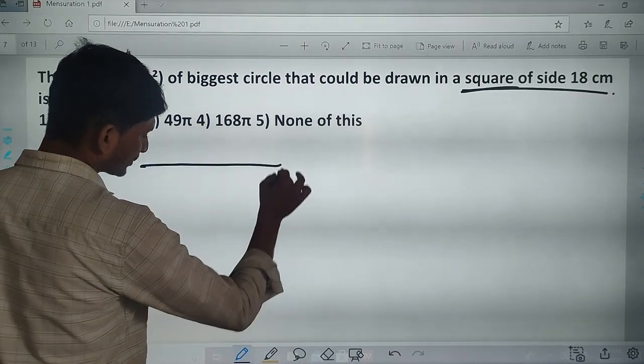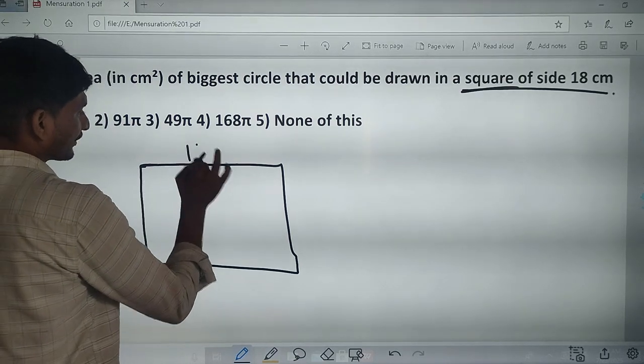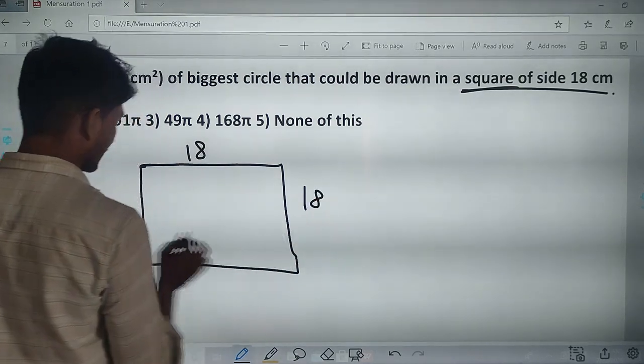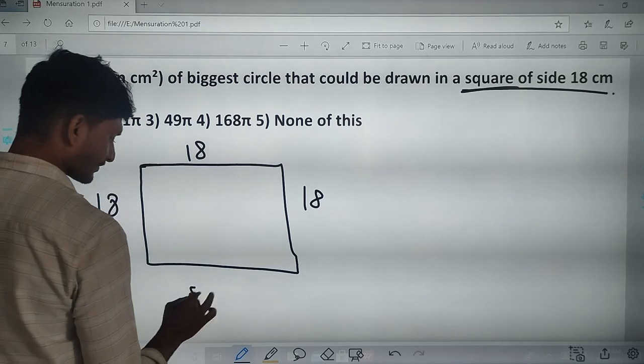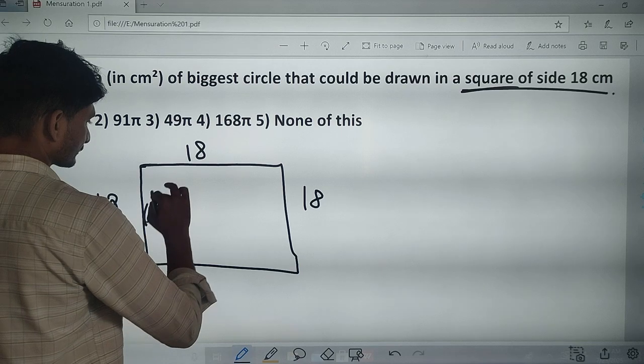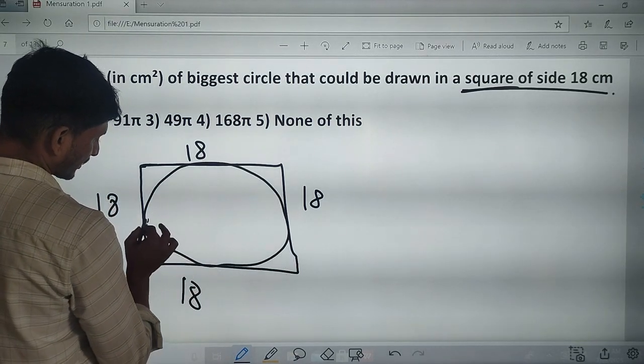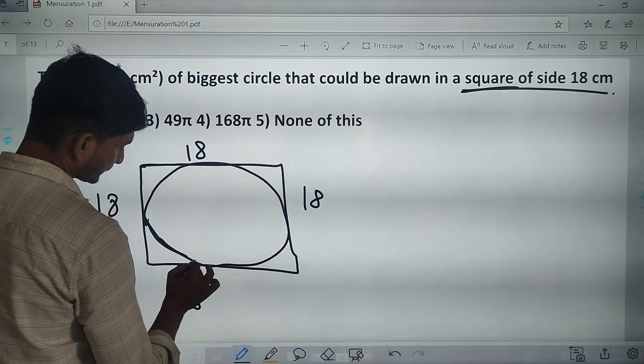Now here we take the square whose side is 18 centimeter. This is the square, each side is 18 centimeter. We draw a circle. This is the circle.